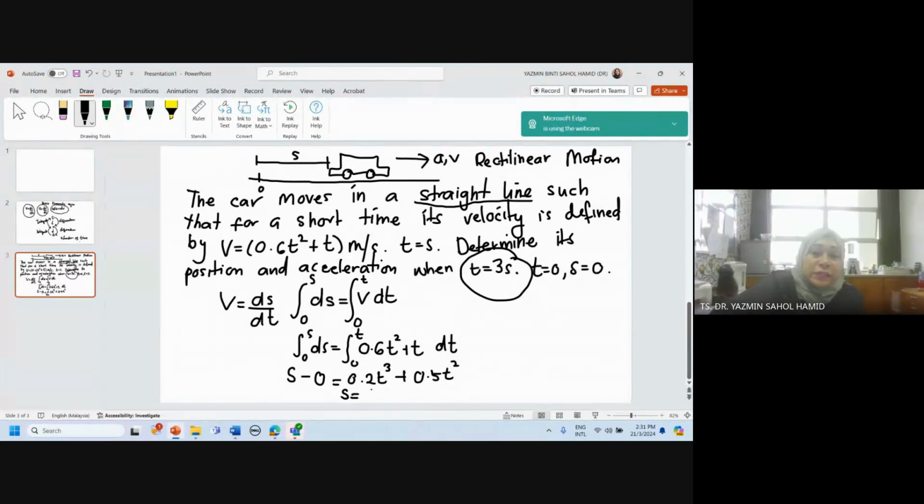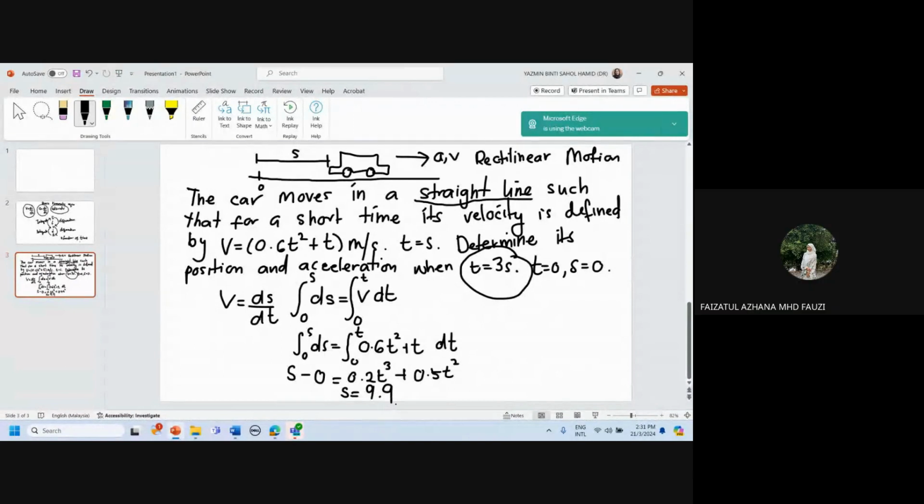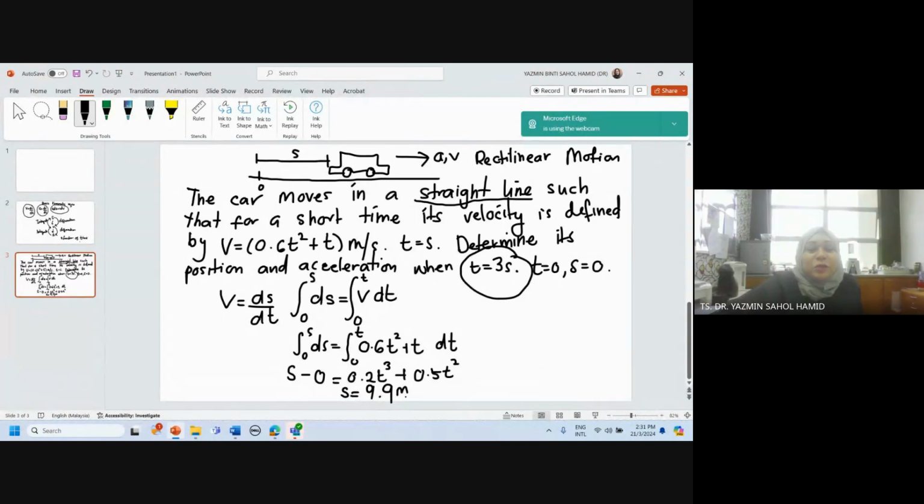Yes. What unit is it? Meter, yes, because this is for position. So that's the correct answer.